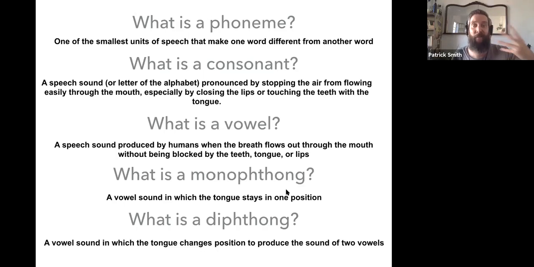In fact, they are airflow. A, e, o, u. These are vowels. And then we had the two different types of vowels, which were monophthongs, which are the simple ones, composed of one vowel sound, and diphthongs, which are composed of two vowel sounds squashed together. Okay. Good, so let's move on.